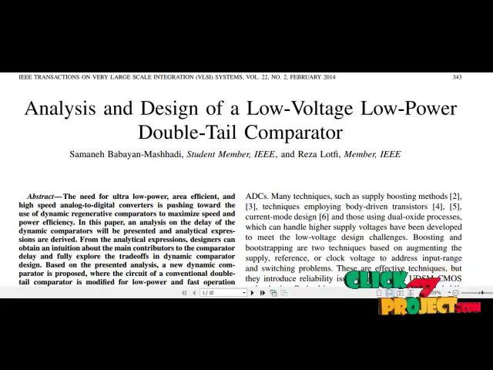In our proposed comparator, we are having two tails. So in the design, we are having two supply tails. Due to better performance of the double tail architecture in low voltage applications, the proposed comparator is designed based on the double tail structure. The main idea of the proposed comparator is to increase the power efficiency and to improve the area efficiency, and we are obtaining the latch generation speed.